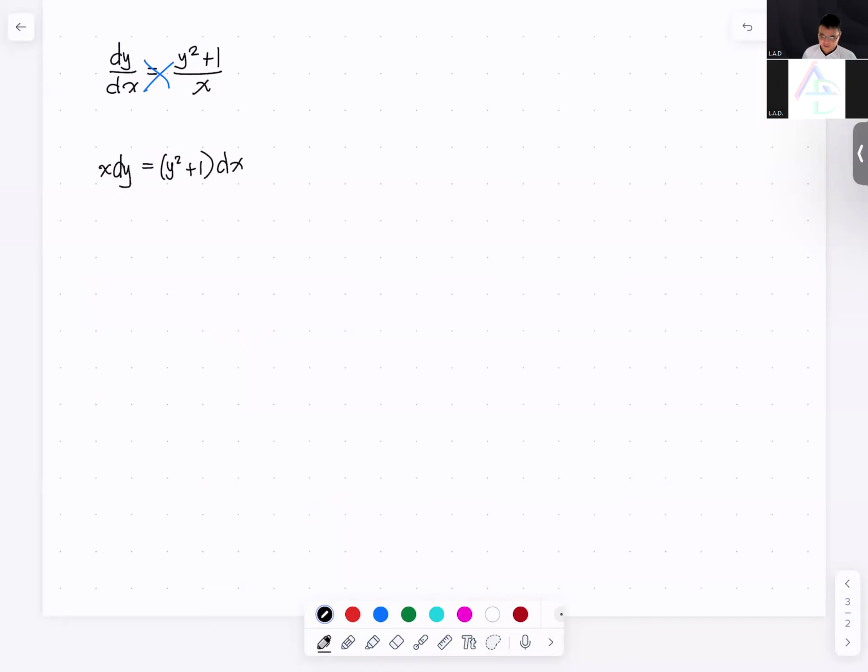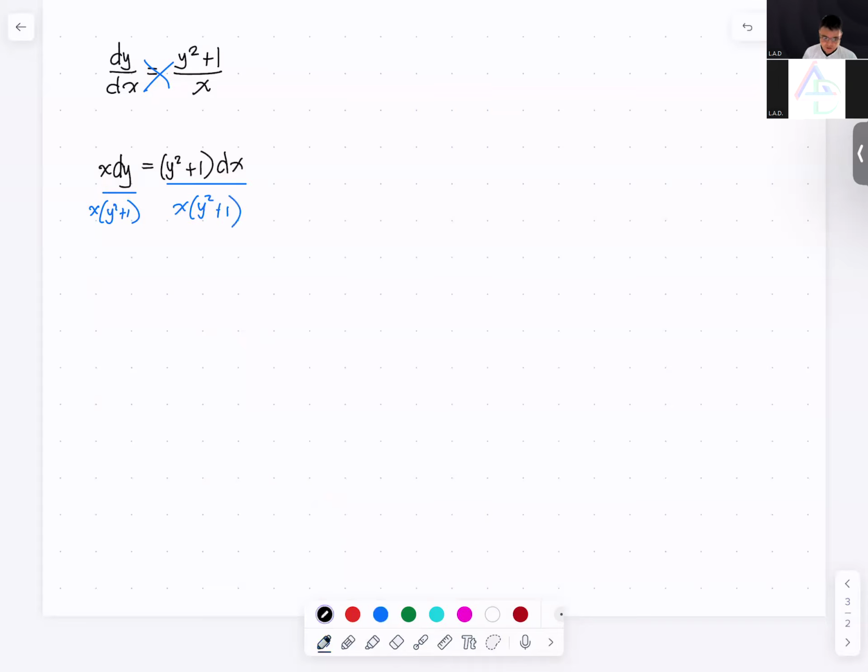So how do we place y squared plus 1 with dy and pair x with dx? Let's divide both sides by x times y squared plus 1.